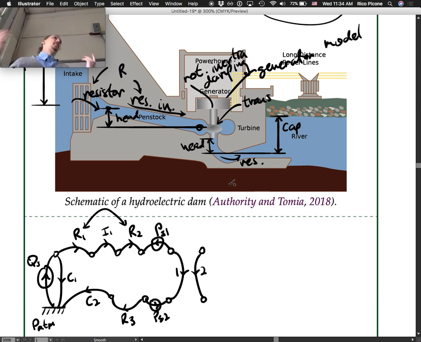The shaft's got to be on bearings of some sort, right? So that's going to introduce some damping. It's going to also turn a rotor. I mean, it's going to have some inertia associated with it. So there's going to be some moment of inertia. So I'll put a moment of inertia, J, and then also a damping, B.